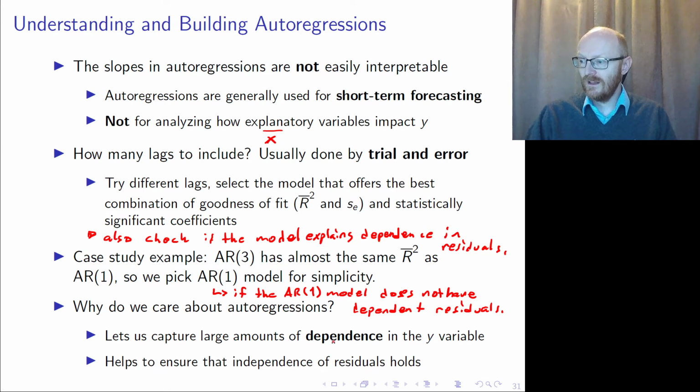Just by including a lag of 7 days, you can capture that weekly seasonality. And if you have quarterly data, you could include 4 lags and capture the yearly seasonality.